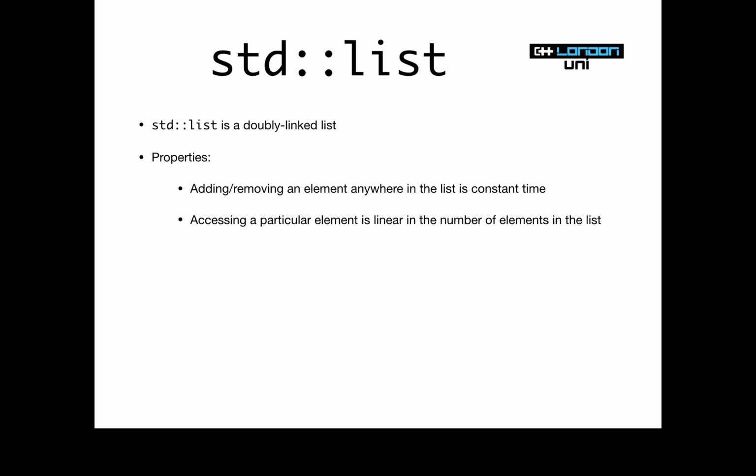Can you still do the square brackets? You can't, no. List does not have the square brackets operator, because that would encourage you to use it, and you don't want to use it because it's a slow operation. Vector has a square brackets operator because for a vector it's fast, it's constant time.